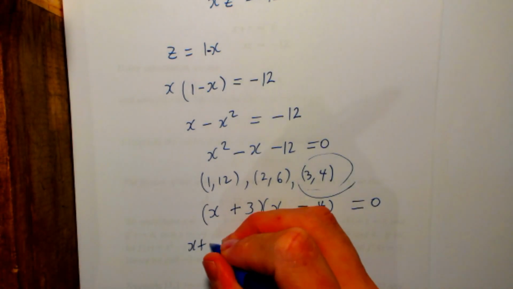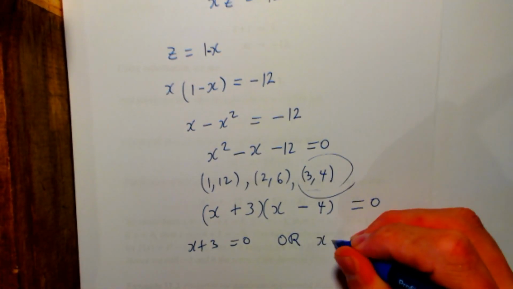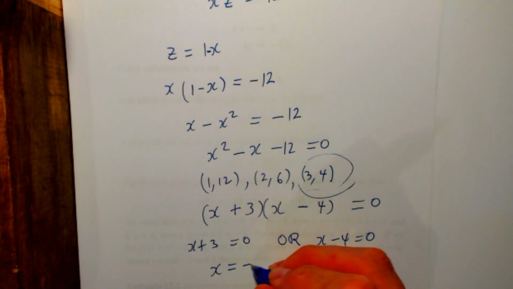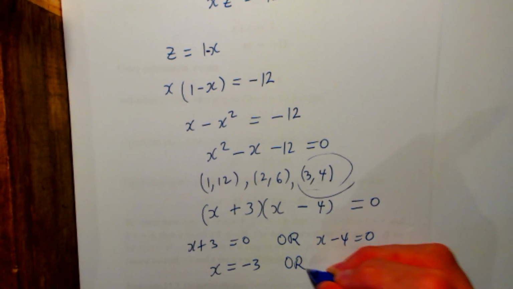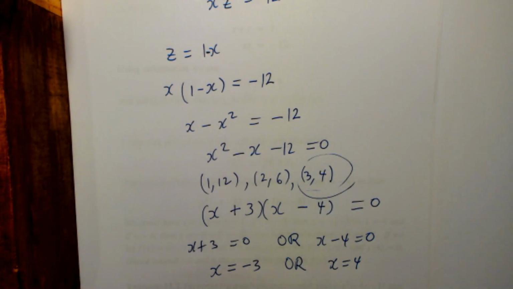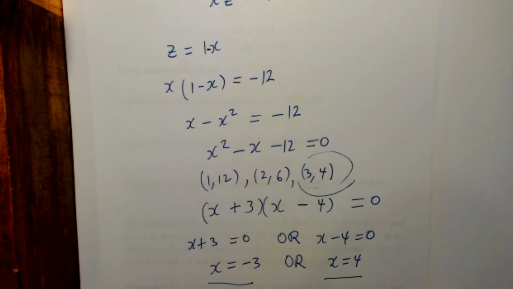So x plus 3 equals 0, or x minus 4 equals 0. So the left one gives us x is minus 3, and the right one gives us x is 4. So this is a way to find the roots, or the zeros, of our quadratic polynomial. Now we found two numbers that add to give 1 and have a product of minus 12. So we've completed that example.